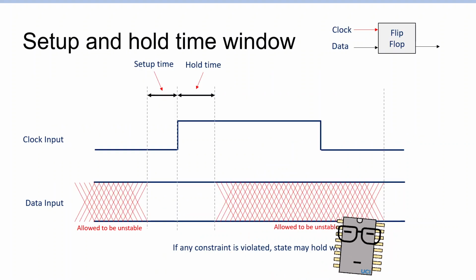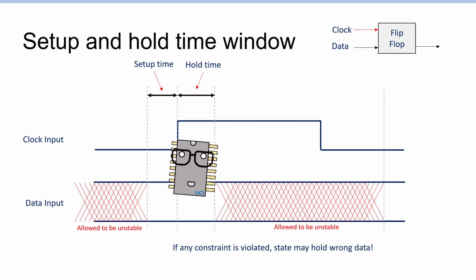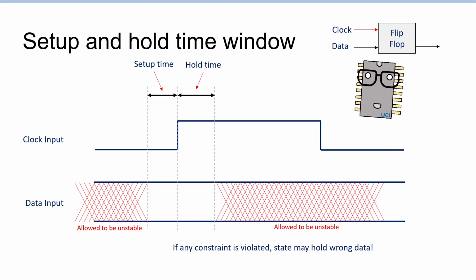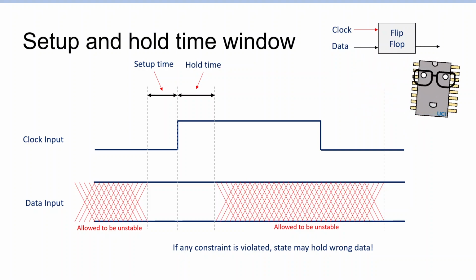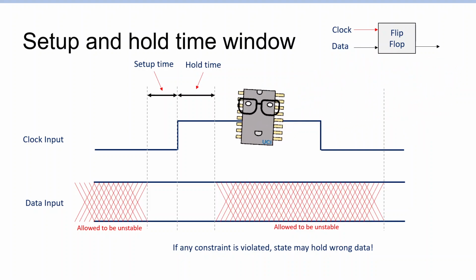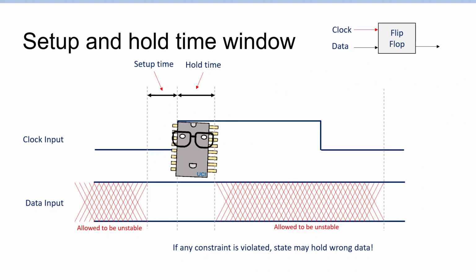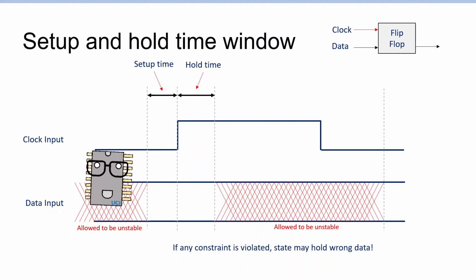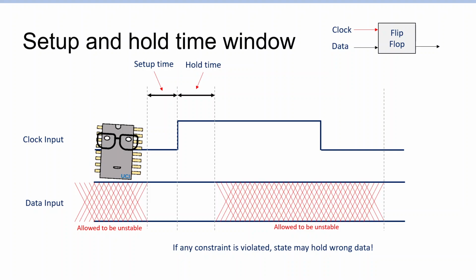Illustrated in a nicer way, given a state element with a clock, an input and an output, the input to this state element is allowed to be unstable most of the time, but at least before the setup time for the next clock edge, the input needs to be stable.